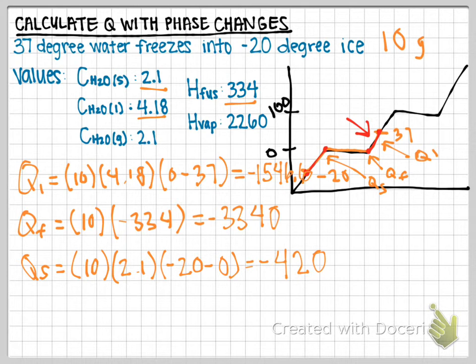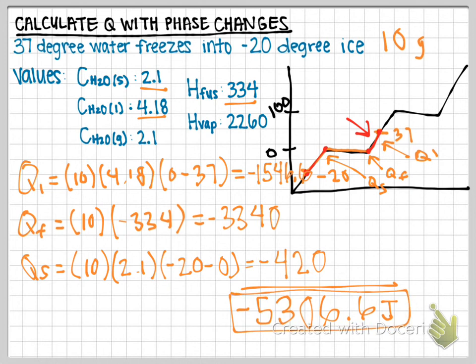Your total Q, you have to add those all together. And you should get a grand total of negative 5,306.6 joules. So it's negative because it's exothermic. You know it's exothermic because you are going down the heating curve. And you had to add together the Q of the liquid, Q of fusion, and Q of solid to get your total answer.